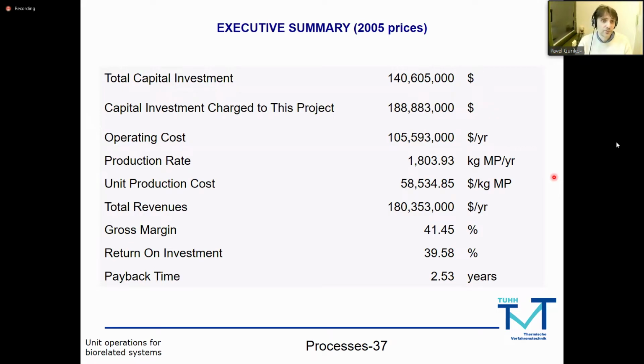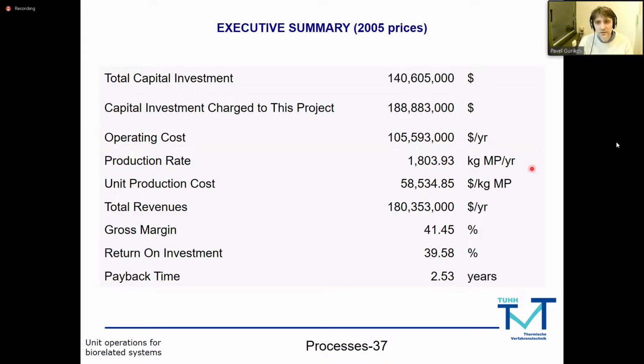Total revenues: what does this number tell us and how do we calculate it? It is the total amount of money that we are getting after the production. And you tell me what the selling price is then? Our production is 1803 kg per year.